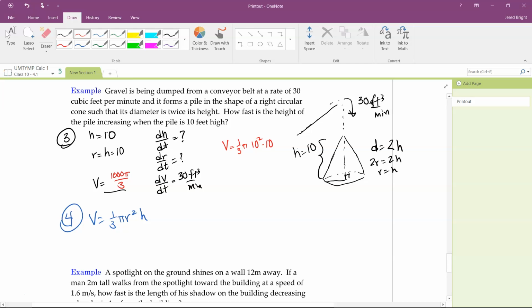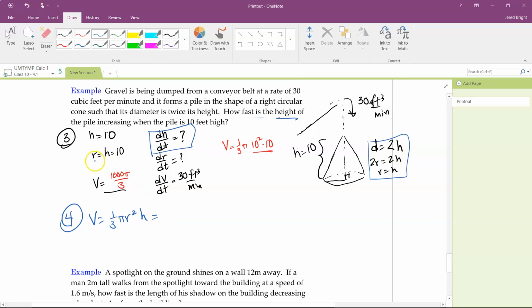Okay, but now I think this realization that radius is the same as height actually can impact my equation. Instead of having it as 1/3 pi r squared h, I can recognize that radius is always the same as height, given that the diameter is twice the height. And I'm really interested in dh/dt, how fast is the height increasing?